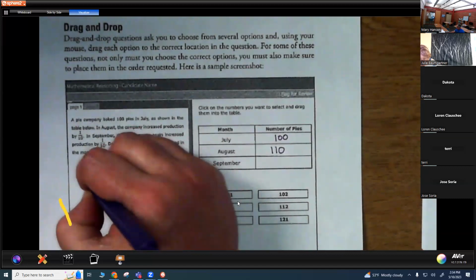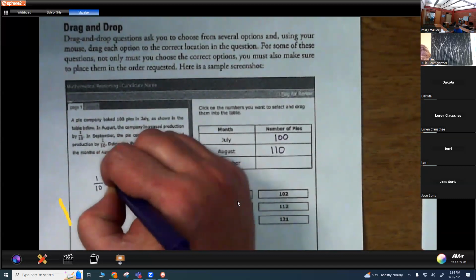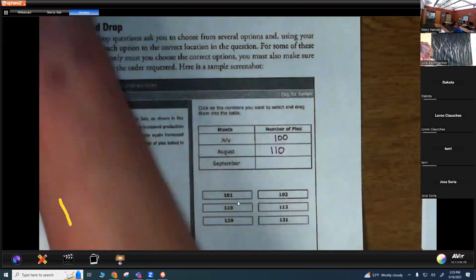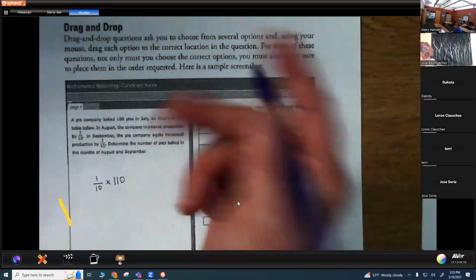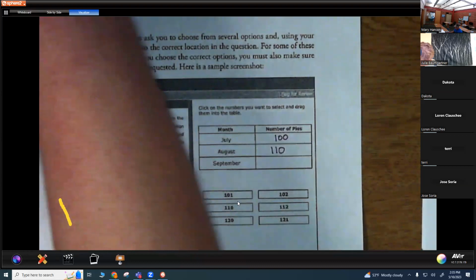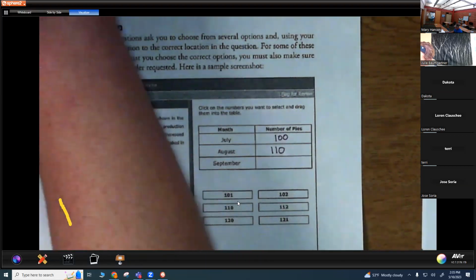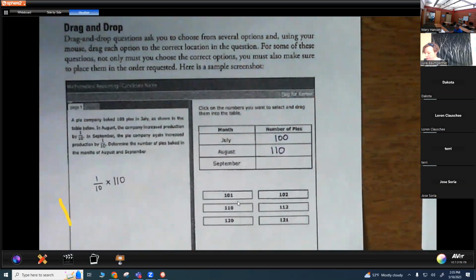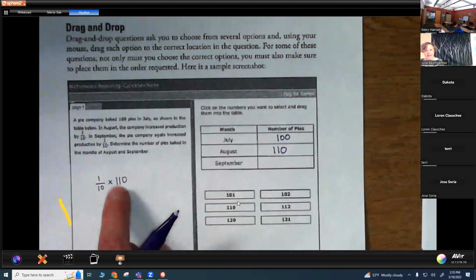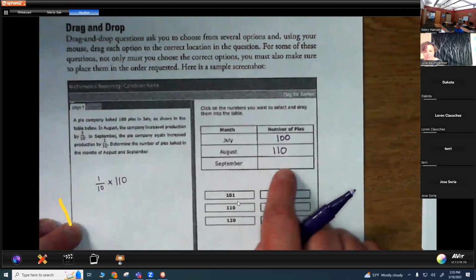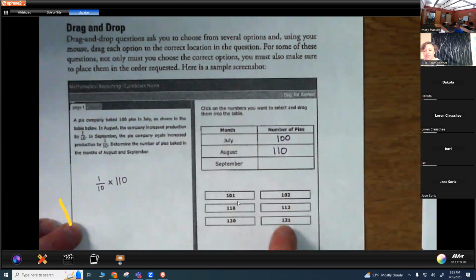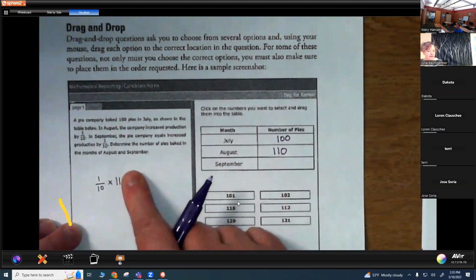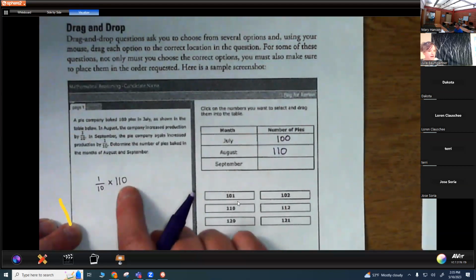1/10 of 110? 11. So when we increase 110 by September, we actually need to increase it to 121, because 11 is 10% of 110.